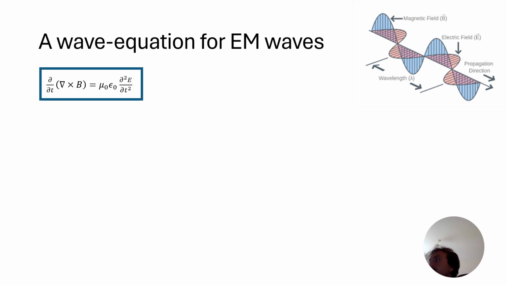And our curl equations already contain derivatives of the field with respect to time, but to get a second order derivative, we'll have to differentiate both sides of the equation with respect to time, and that will leave us on one side of the equation with now a second order derivative with respect to time. And that's exactly what we've done here. In the blue box, we've essentially taken Maxwell's equation describing the curl of the magnetic field and just differentiated both sides with respect to time.